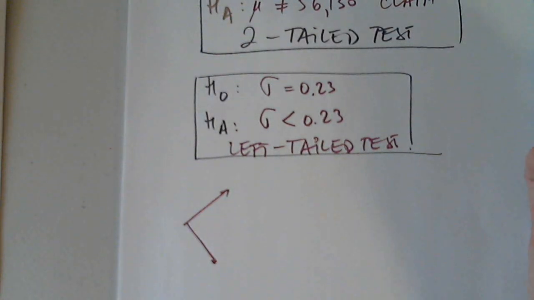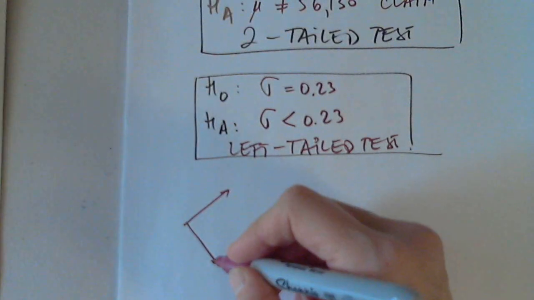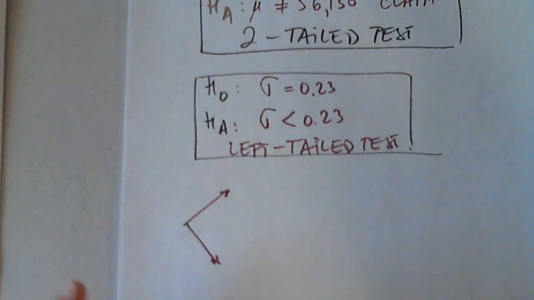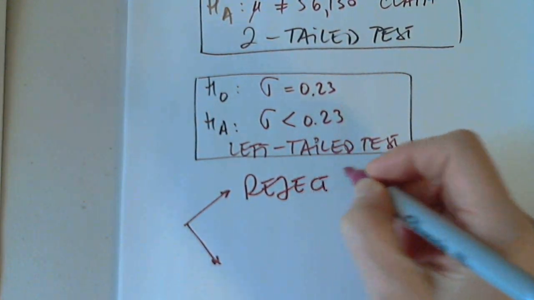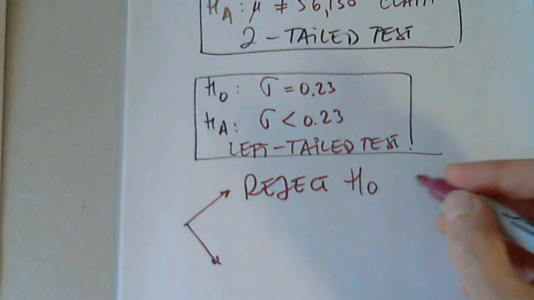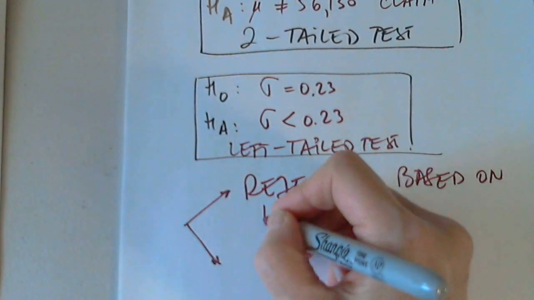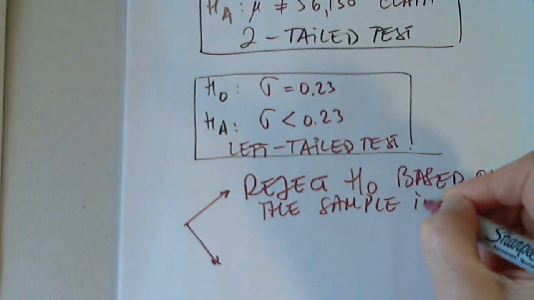Now the question is, what conclusions can I draw? Here are 2 possible conclusions, and these are the only ones, actually. Reject the null hypothesis based on the sample I got, on the sample info.